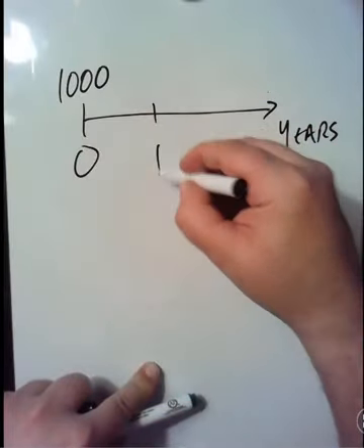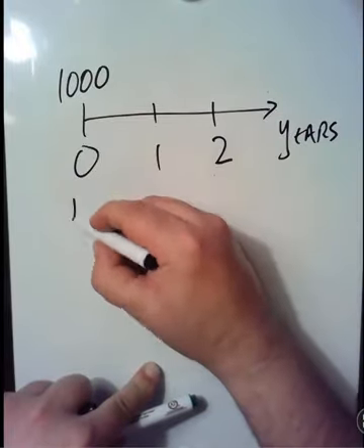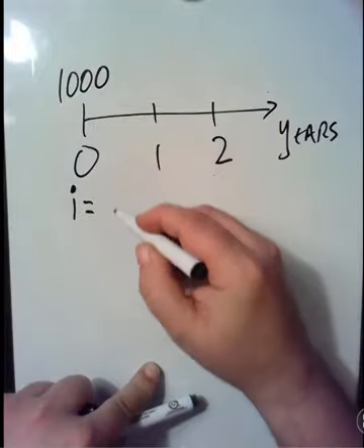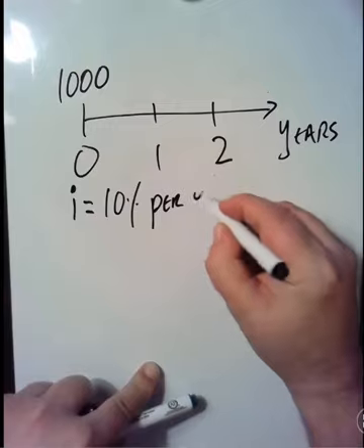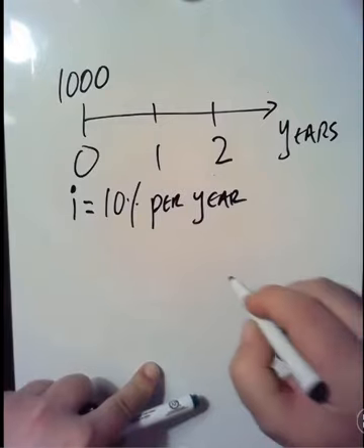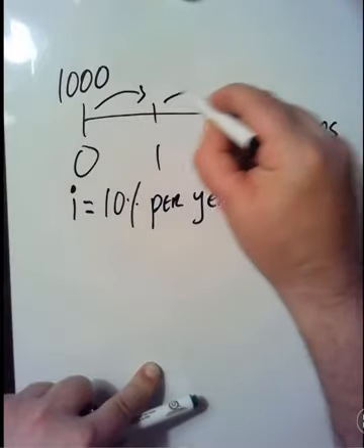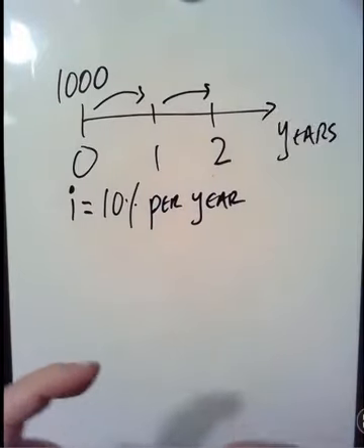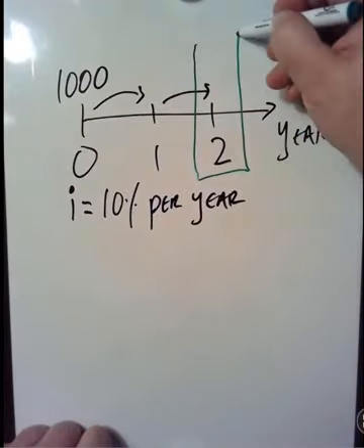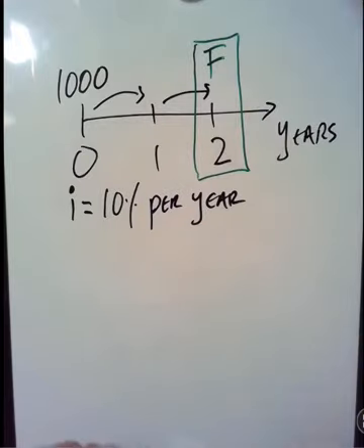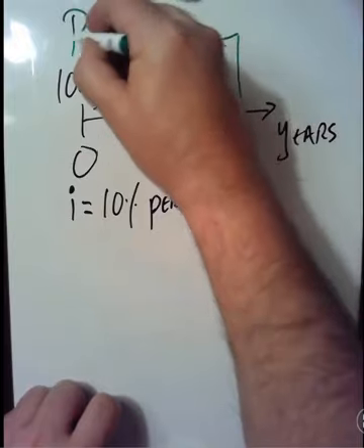And the question is, if I invested at a certain interest rate, let's say 10% per year, how much money am I going to have after 2 years? So at this point in time, what is going to be the future value of this present value?